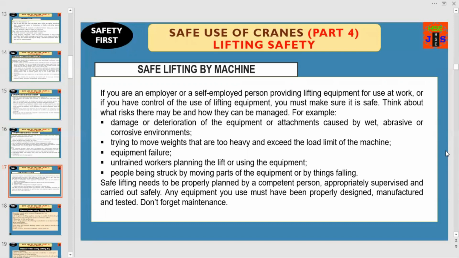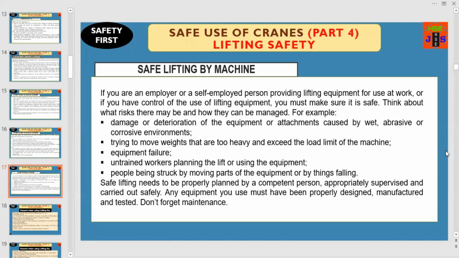For example, damage or deterioration of the equipment or attachments caused by wet, abrasive, or corrosive environments, trying to move weights that are too heavy and exceed the load limit of the machine, equipment failure, untrained workers planning the lift or using the equipment, and people being struck by moving parts of the equipment or by things falling.